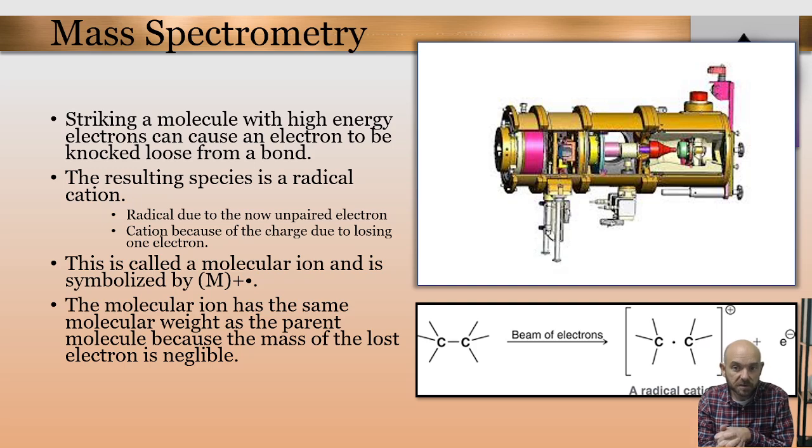And sometimes this molecular ion makes it to the detector unscathed except for the loss of the one electron. Very often this molecular ion fragments or breaks apart into two different pieces, and one of those pieces has the charge in that it has a carbon atom missing two electrons and therefore has a positive cationic charge, or is a cation.